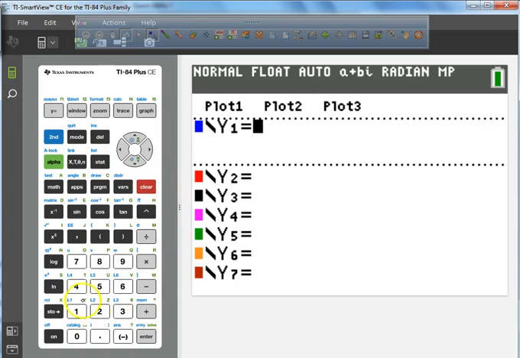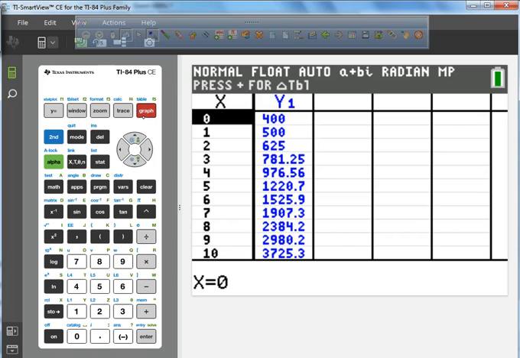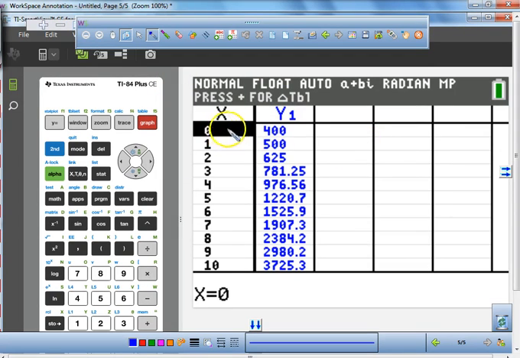You're going to type in 400, because that's what we started out with. We're going to type in 1.25, which is going up 25% per year, and we're going to raise that to the power of x. We're going to check our table. All right, so here is our table. 0, 400; 1, 500; 2, 625.